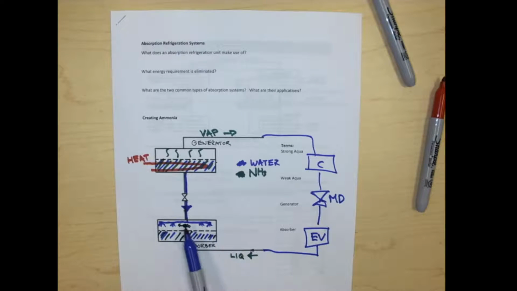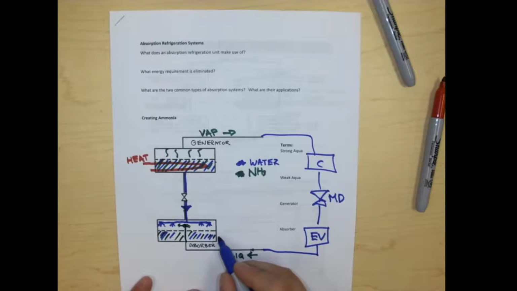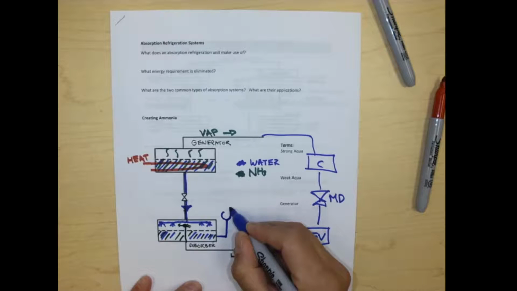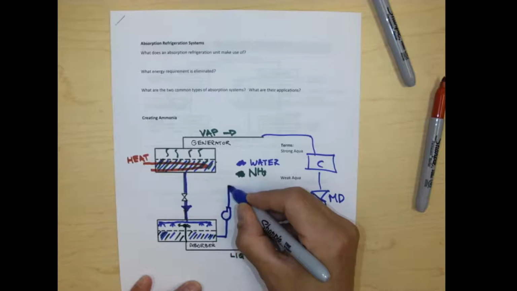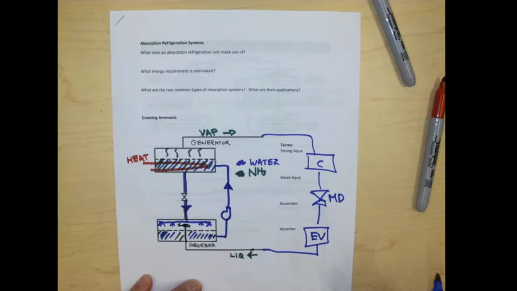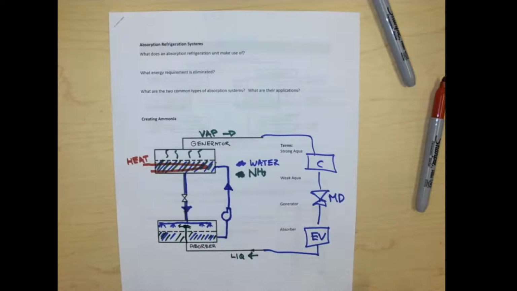Eventually, I get enough ammonia absorbed in here, and I want to return it back up. So what I have is a pathway where I add in a pump, and I pump back up.